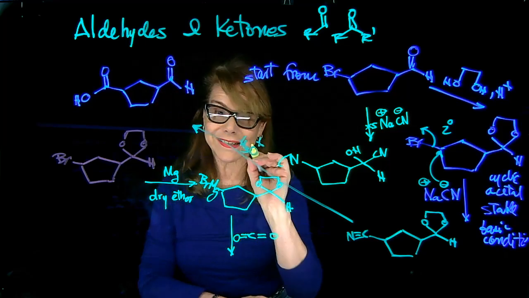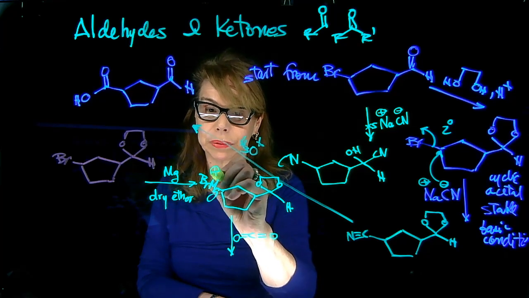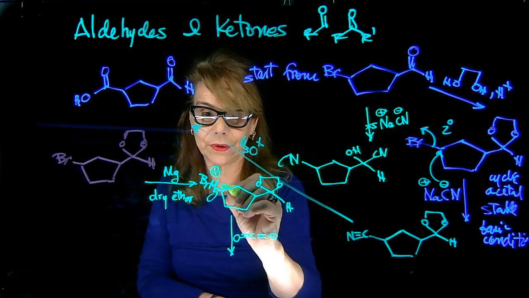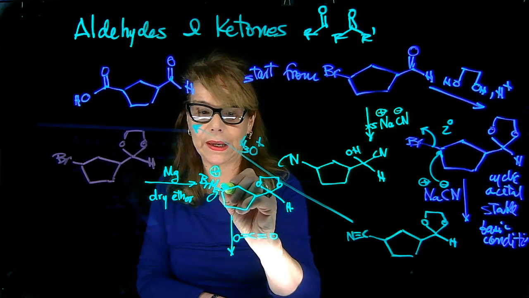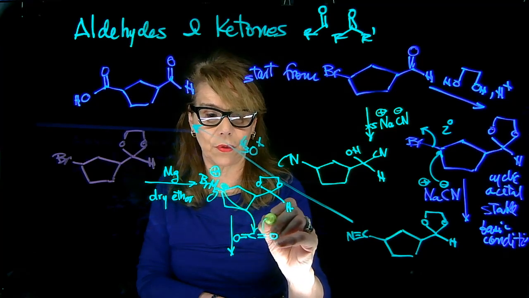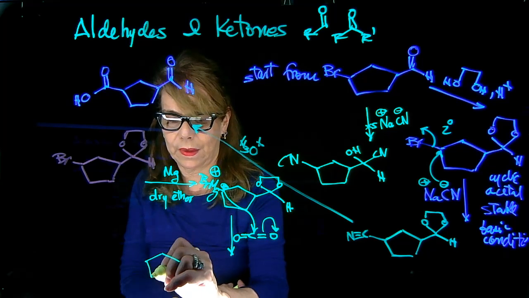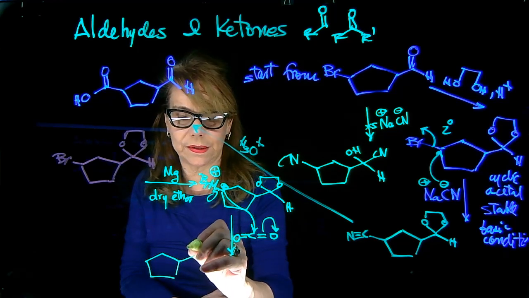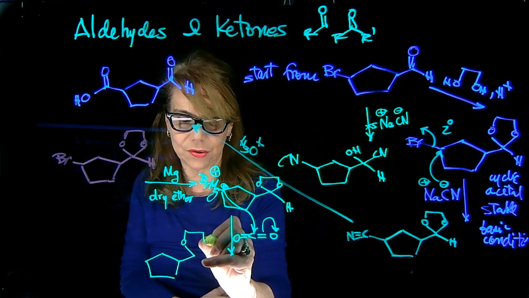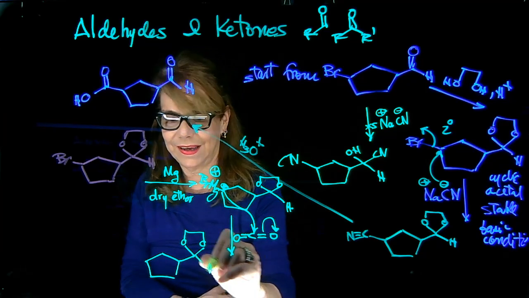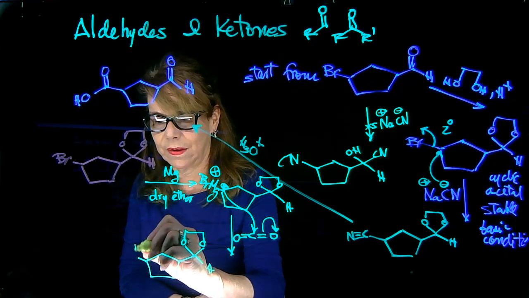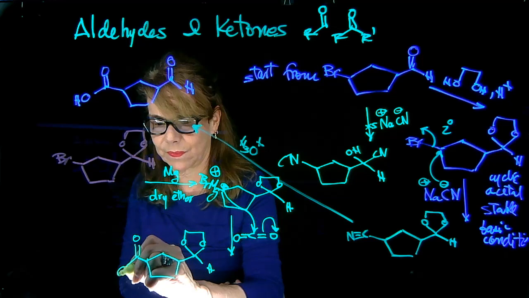And so now, simplifying things, we're gonna say plus a negative here, and I'm gonna do a nucleophilic attack over this. And now I have the following, still keeping my cyclic acetal. And here I have now a carboxylate.